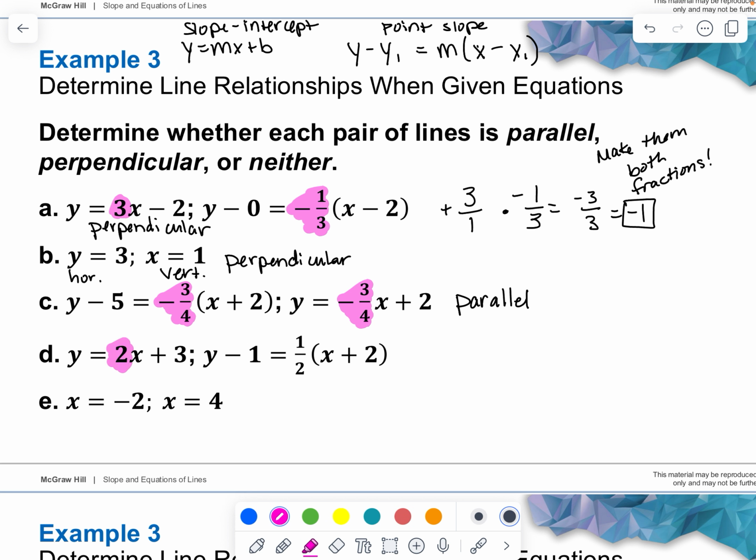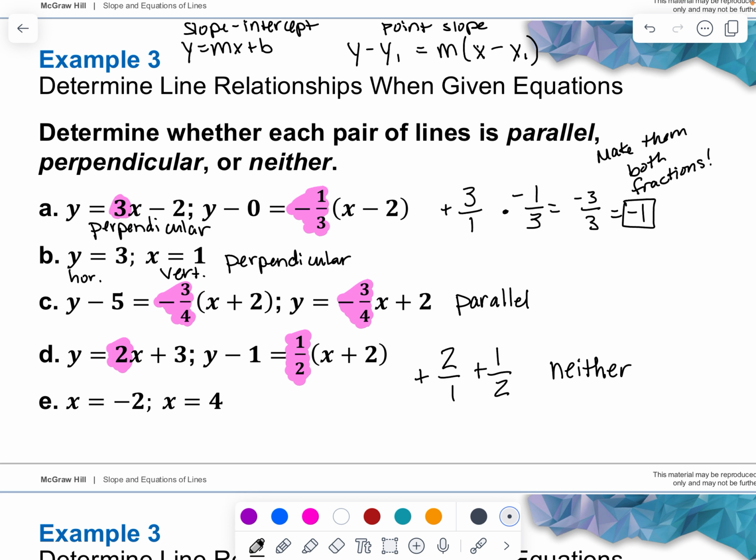Here's my slope. Here's my slope. 2 and 1/2. Okay, let's make them both into fractions. They are reciprocals, but they are both positive. So they are neither parallel nor perpendicular.